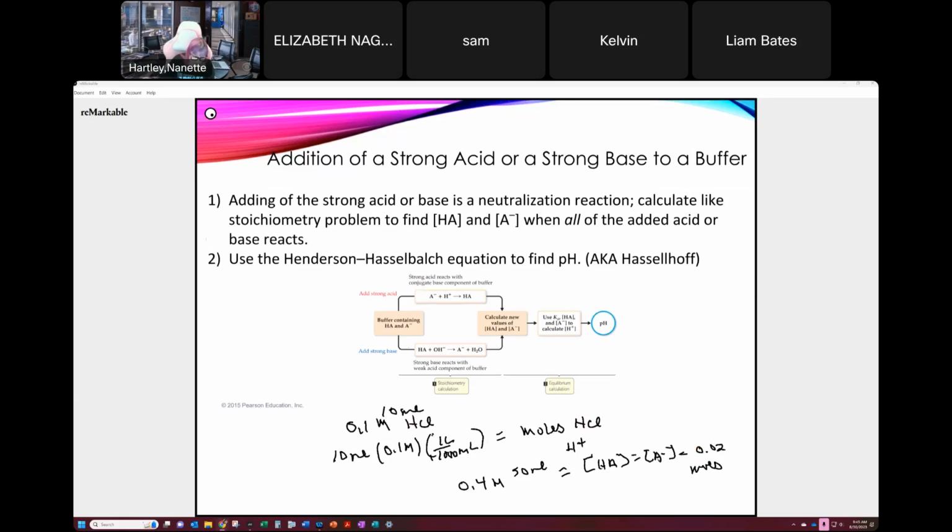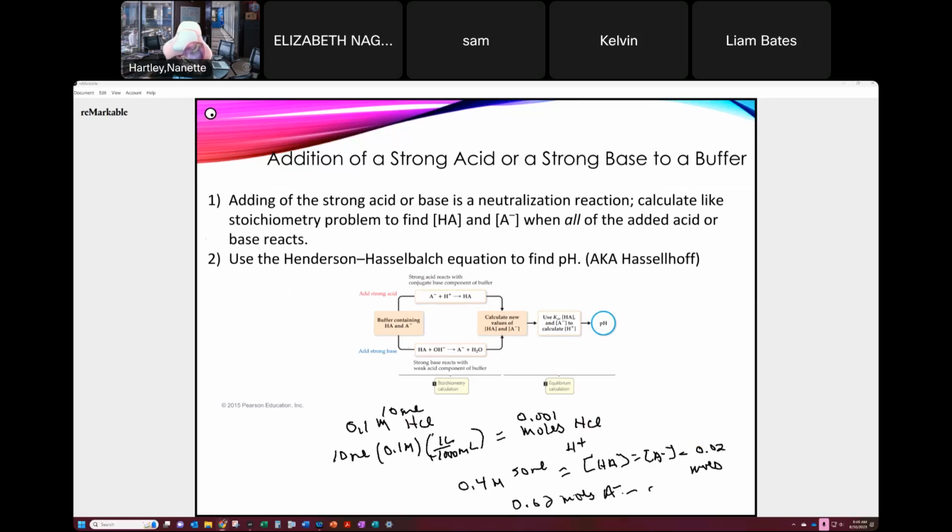And if I add to that 0.001 moles of the H plus, then this 0.02 moles of HA. Sorry, I want to talk about the anion first.